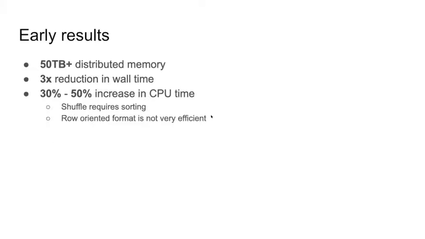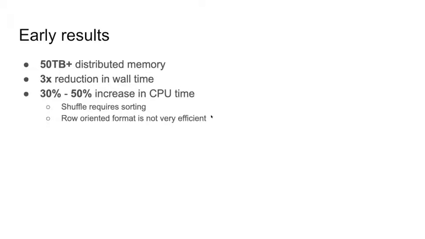But unfortunately, we've seen some increase in CPU time when running Presto on Spark. We haven't done detailed analysis yet, but we suspect that it might be related to the fact that Spark currently does sorting of intermediate data that is actually not needed by Presto because Presto always does hash join.